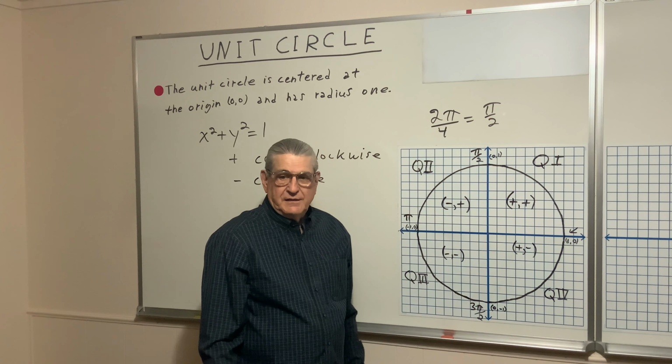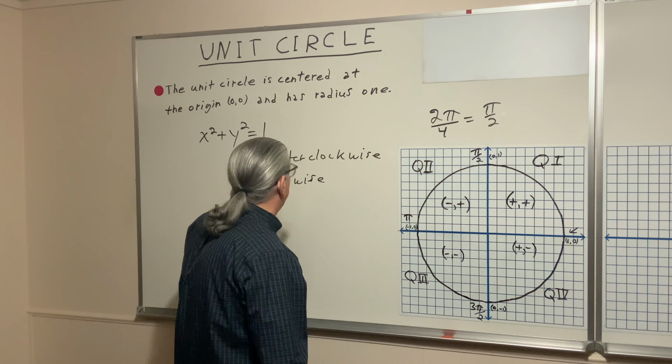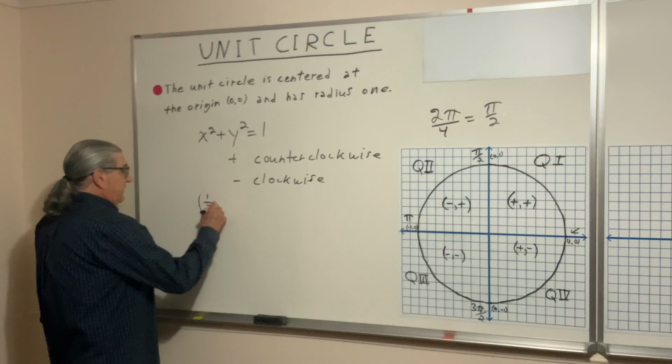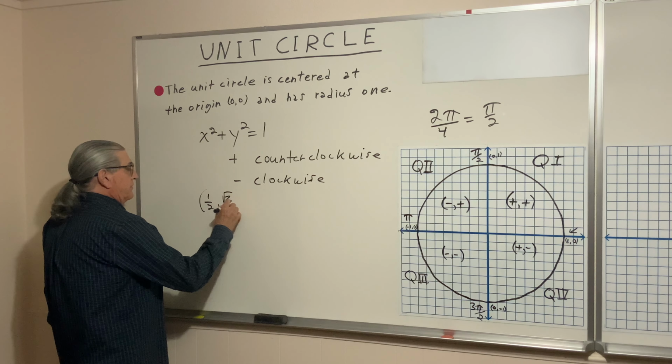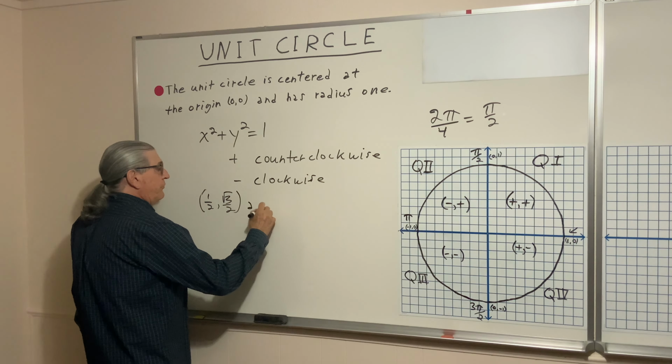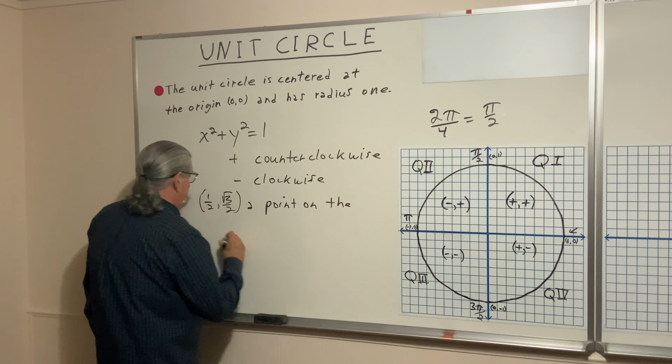So let's see if maybe a point is on this curve. Is (1/2, square root of 3 over 2) a point on the unit circle?